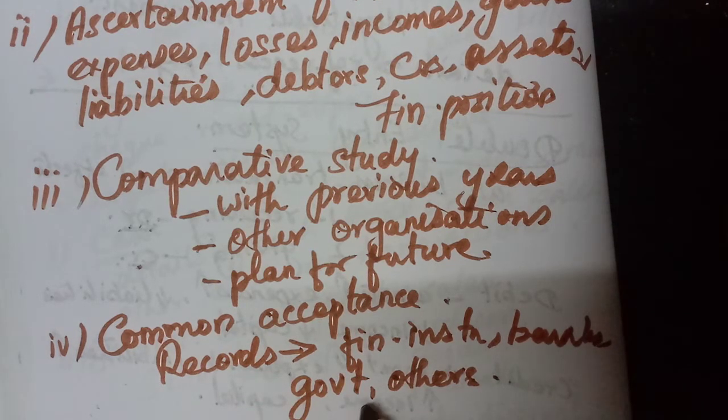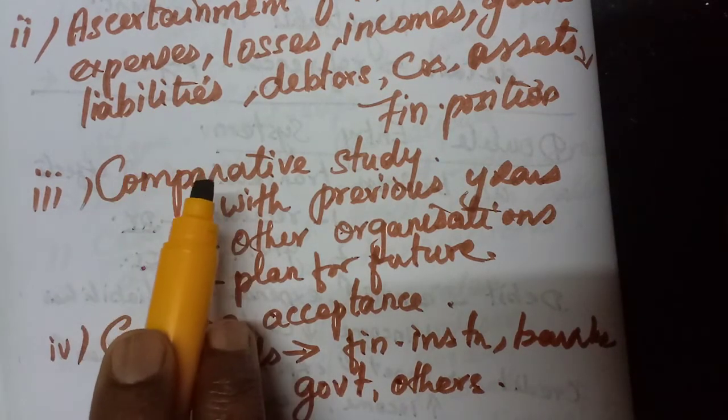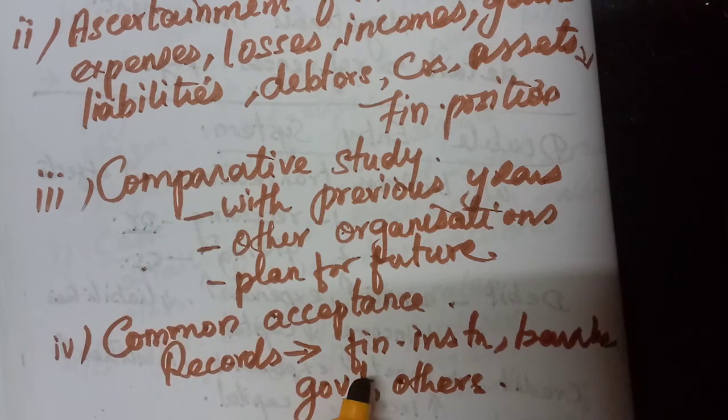So since we follow the double entry system, the financial statements that we prepare are accepted by financial institutions, banks, government, and others also.